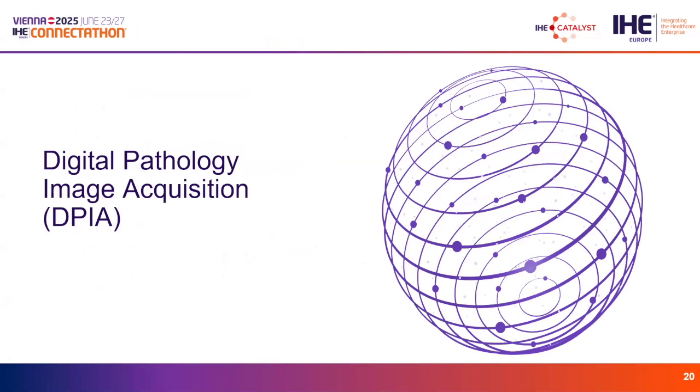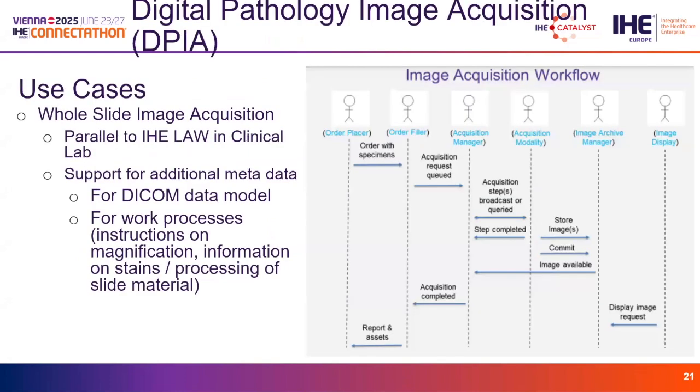Okay, so going with a little bit of a deep dive into DPIA, look at the next slide. And there's a number of use cases for DPIA, as well as the holistic digital pathology workflow. And the thought here is to parallel the laboratory analytic workflow in the clinical lab, but for anatomic pathology and for creation of a digital asset as opposed to clinical lab data.